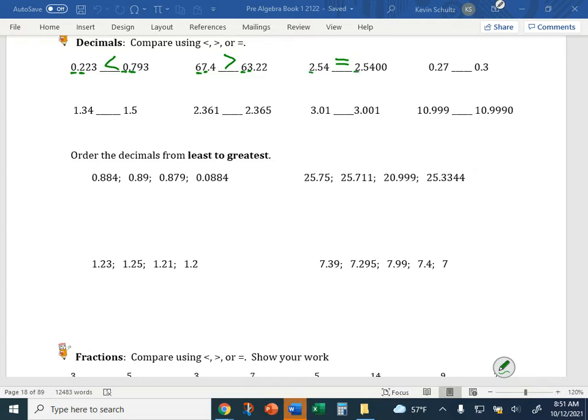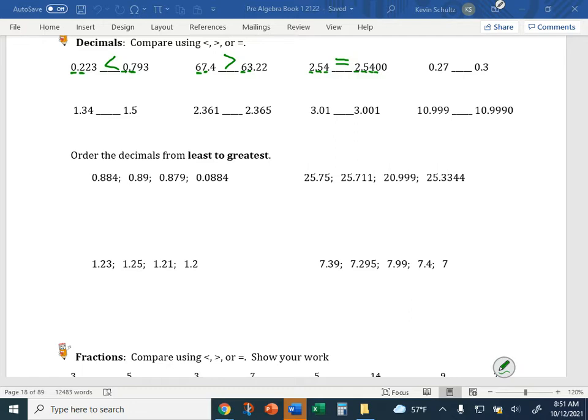Well, they both have 2. How many tenths do they have? They both have 5 tenths. How many hundredths? They both have 4 hundredths. How many thousandths? Well, they both have 0 thousandths. It's just in one we wrote the 0, and in the first decimal we didn't. There still aren't any there. Okay, so they are equal.